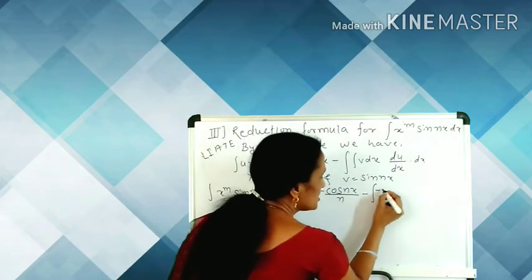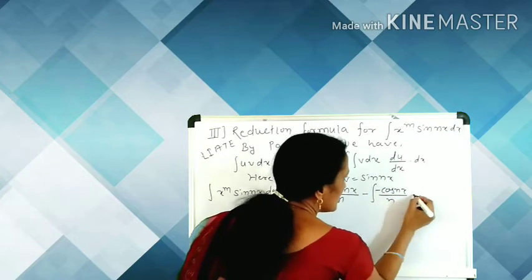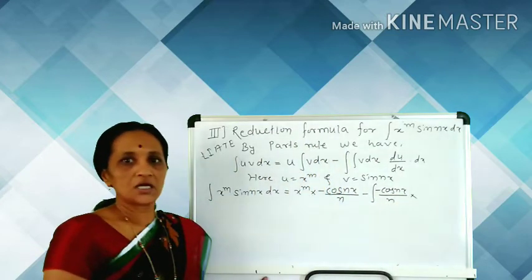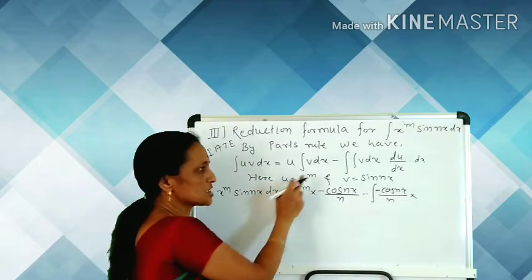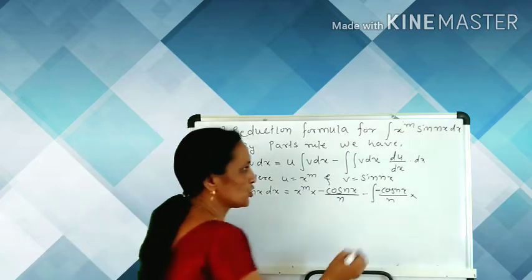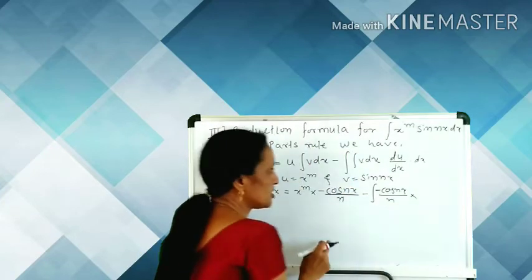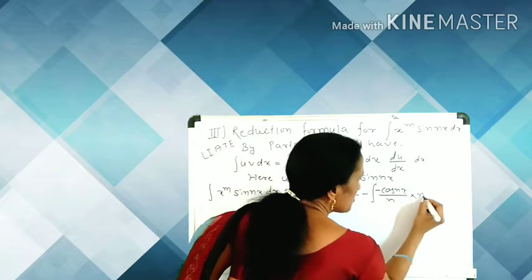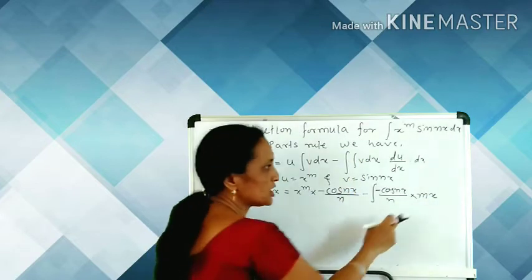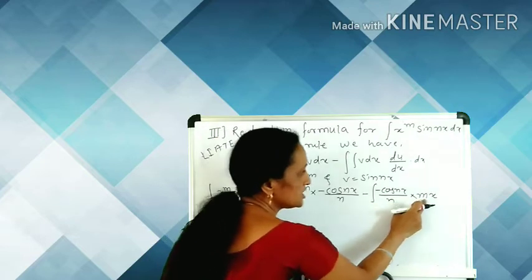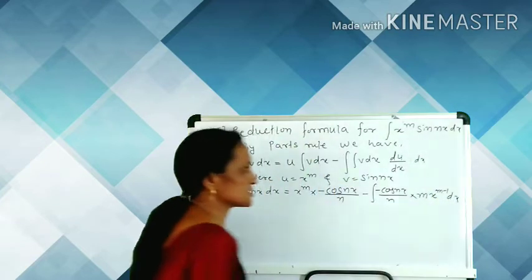So I put here minus cos nx divided by n multiplied by derivative of the first function, and your first function is x raised to the m. So I write here the derivative of x raised to m is the power multiplied by x raised to the power minus 1, and so here m minus 1 and multiplied by the dx.